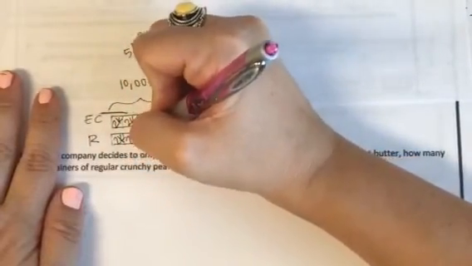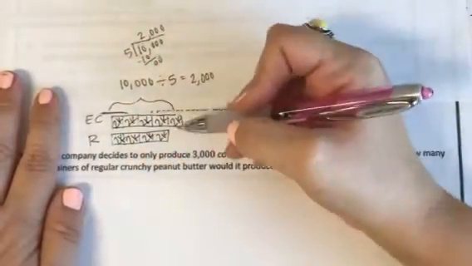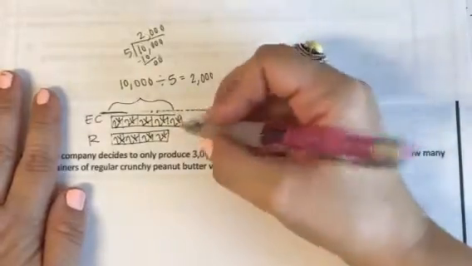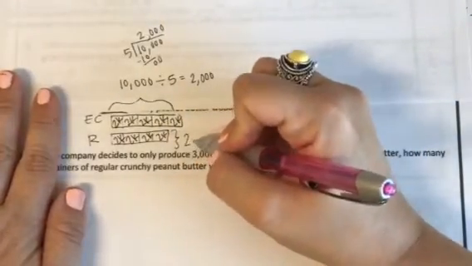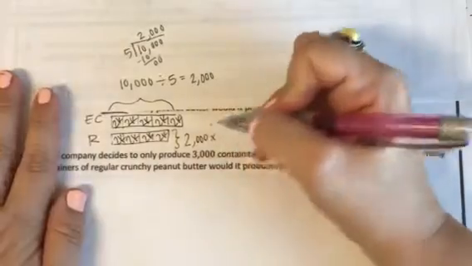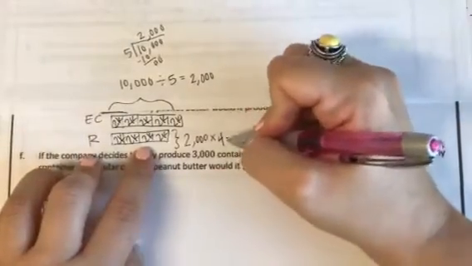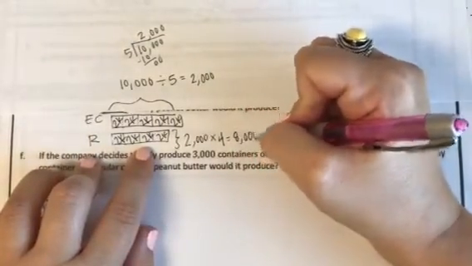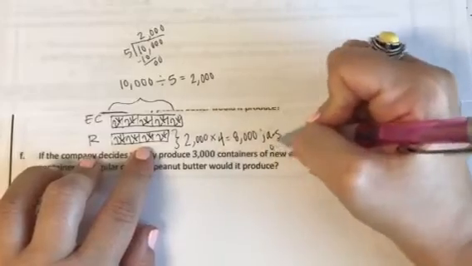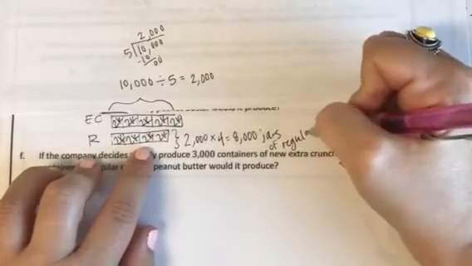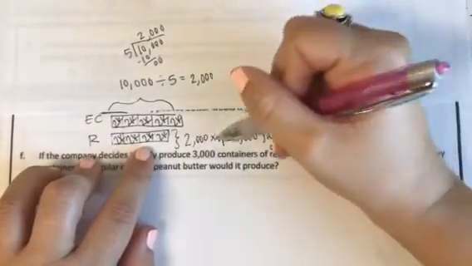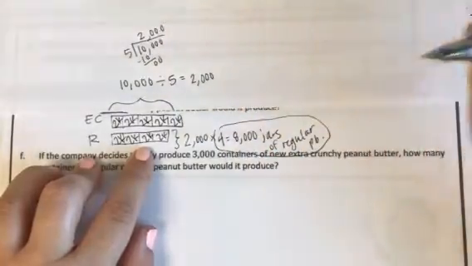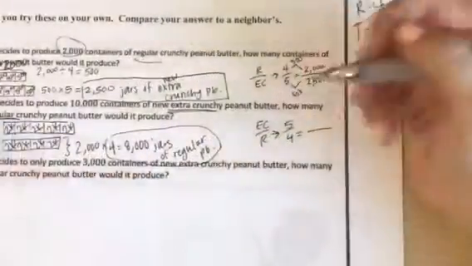All right. And if I want to know how many regular, I'm going to do 2,000 times 4 equals 8,000 jars of regular peanut butter. Just like that. And then a little shortcut.